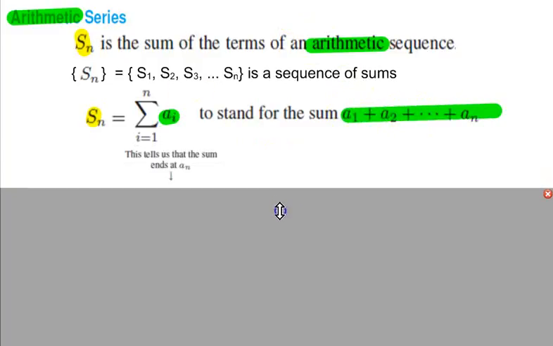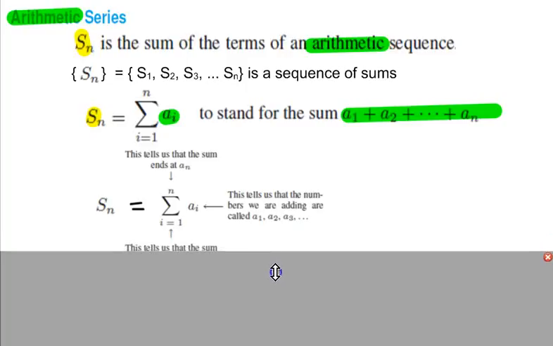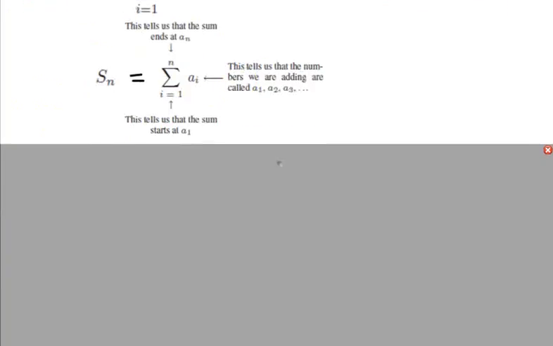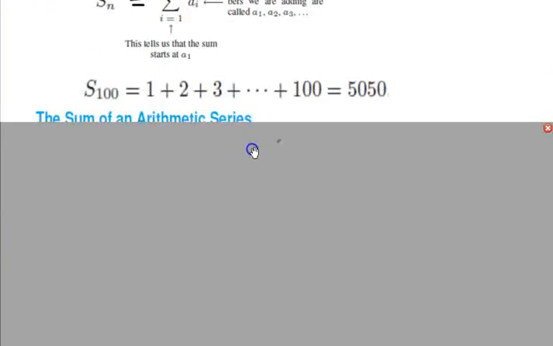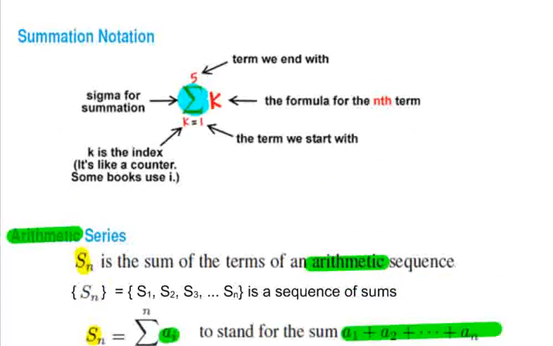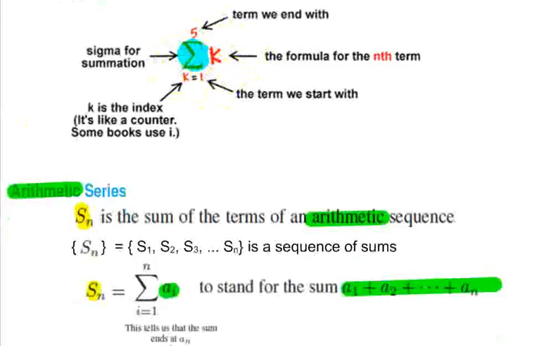Okay? And using the same notation, this is exactly what it means. So in this case, S sub 100, based off the original expression up here, represents the sum of the values from 1 to 100, which actually equals 5,050.